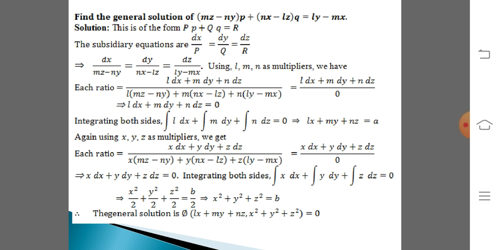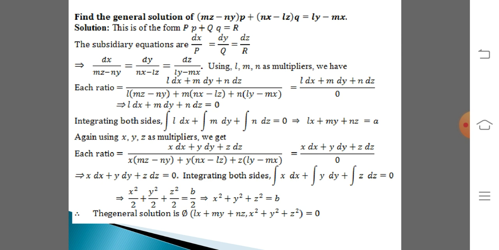Find the general solution of (mz − ny)p + (nx − lz)q = ly − mx. So here l, m, n are constants. All the coefficients are constant. Okay, so let us see the solution.